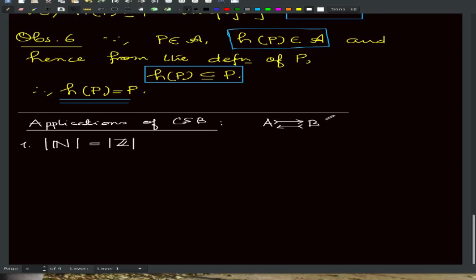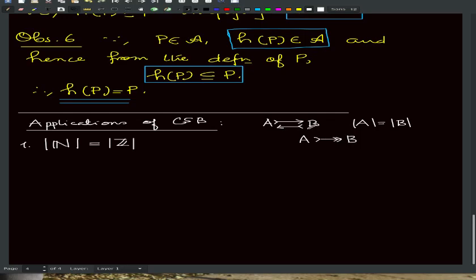If you have to show this thing, this is equipotence, means you have to show this, or somehow you have to produce a bijection. So I am writing a bijection like this. By this I am saying that when there are two such things in the arrowhead, it means it's a surjection.